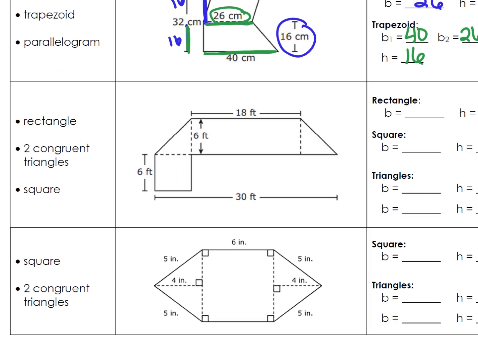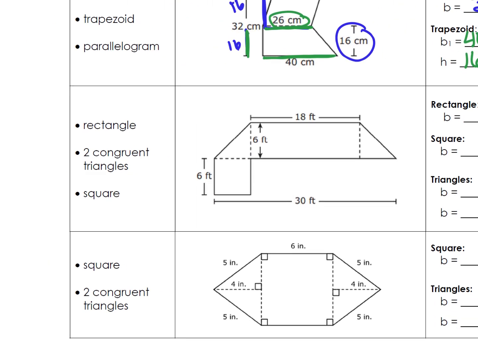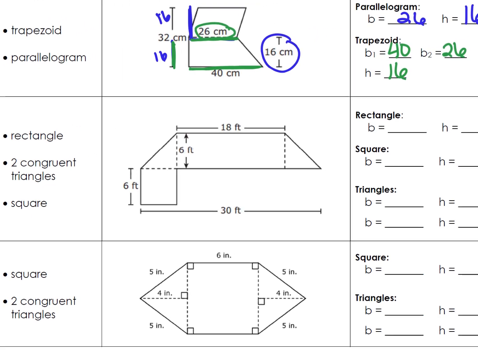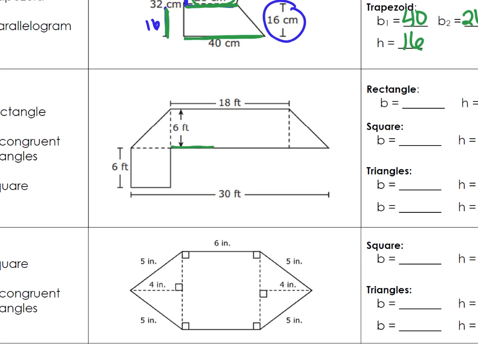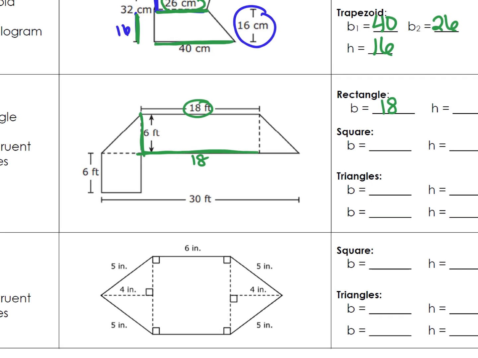Okay, let's look at our next one. This figure is a little more complicated. We've got a rectangle, 2 congruent triangles, and a square. Okay, so if we start with our rectangle, what's the base of the rectangle? That's right, it's going to be 18, just like the top. So my base of my rectangle is 18, and my height is 6. Okay, my square, I can see that the height is 6.